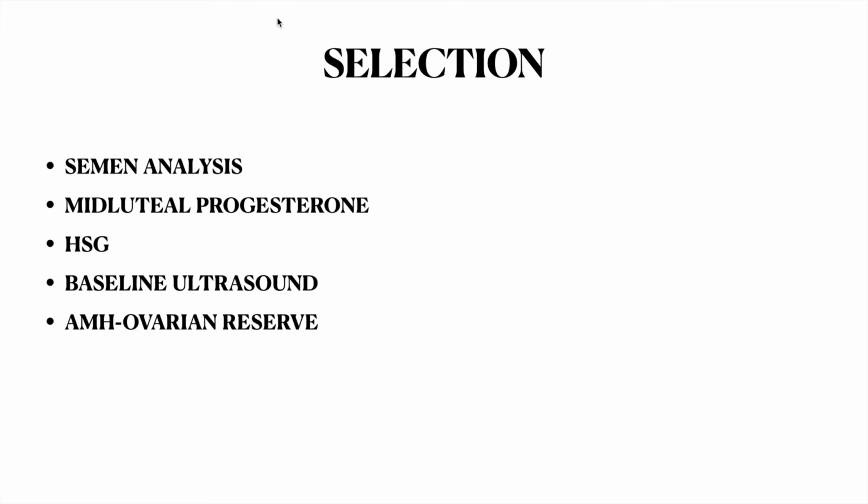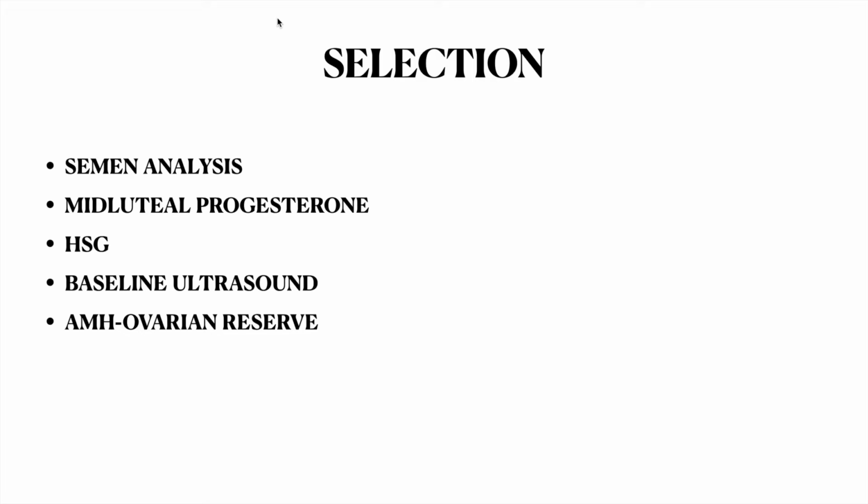Selection. For the male partner we have to do semen analysis, and mid-luteal progesterone for the female partner. HSG should definitely be done before proceeding with intrauterine insemination to know the patency of the tubes. Baseline ultrasound on day 2 for the female partner and also AMH, anti-Mullerian hormone, to know the ovarian reserve.